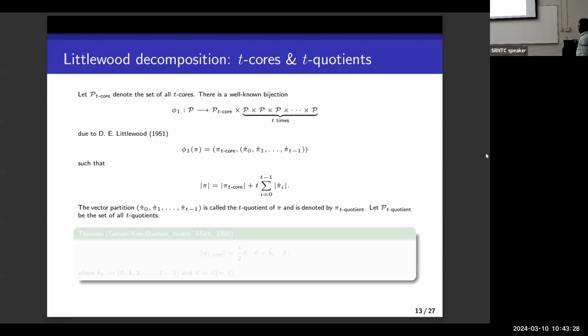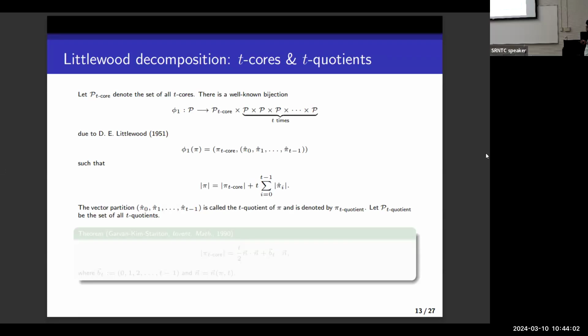So he introduced this map phi1, which is from P, the set of all partitions, to P_t-core times the product of P's t times. So that's the map phi1 of P, which is a t-core and this t-tuple of partitions. So this is the vector partition, having the property that the norm of pi, which is any partition, is the same as the norm of the t-core part plus t times the sum of the norms of each of these partitions.